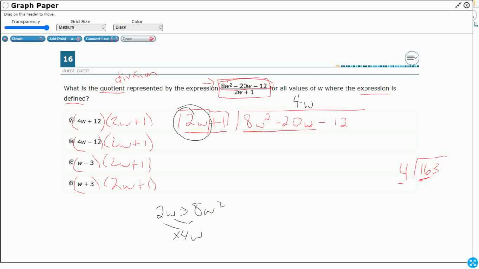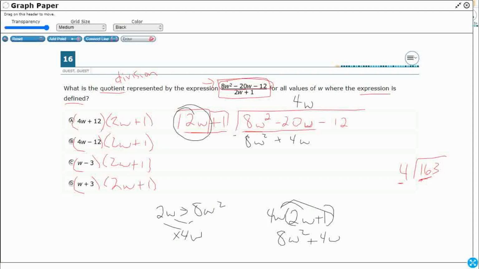Let's try multiplying 2w plus 1 times 4w, which means we're just going to need to distribute this out. So that's going to end up being 8w squared plus 4w. And then, when we do long division, after we do that, we subtract, right?